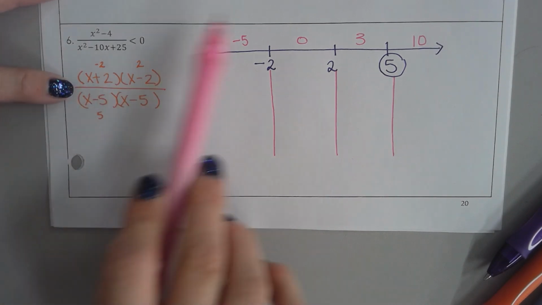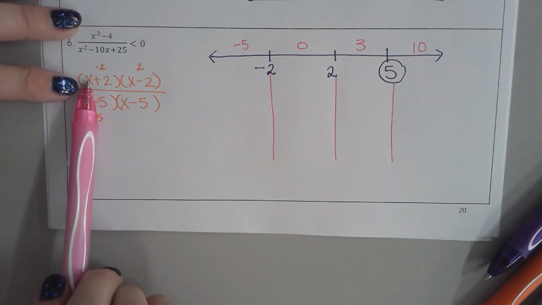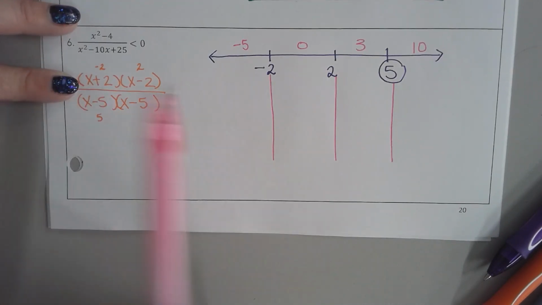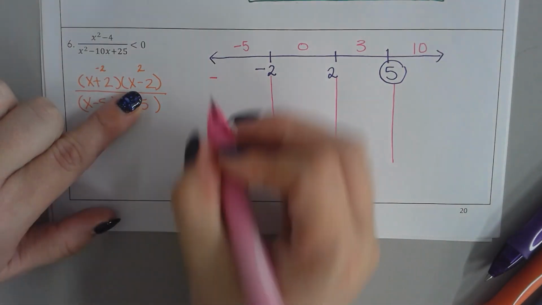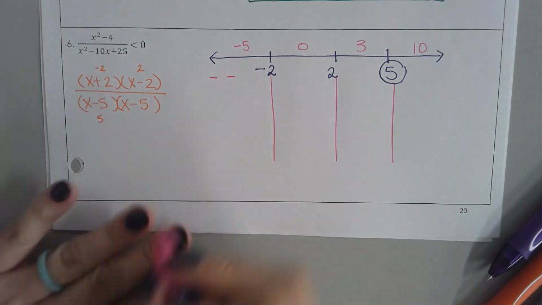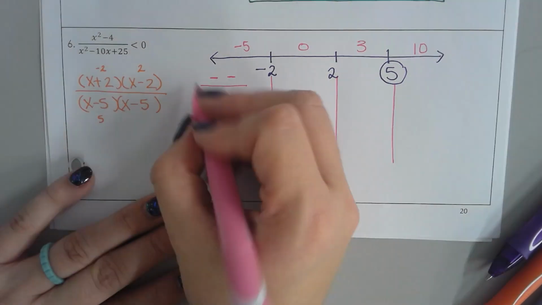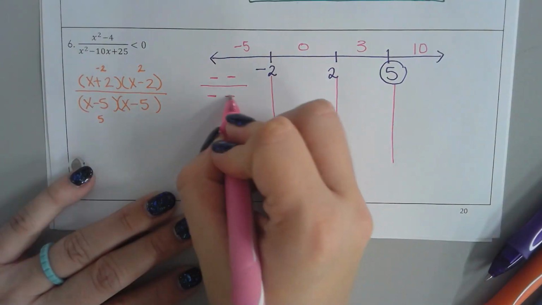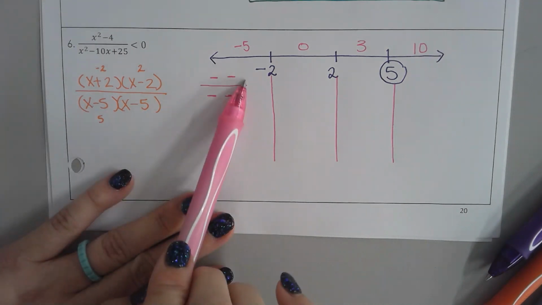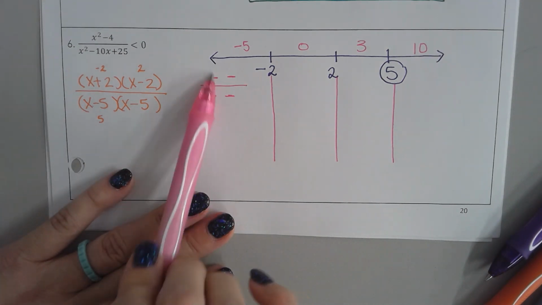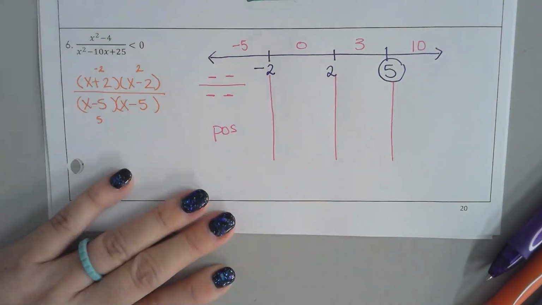You got to plug your test numbers into all 4 of those. -5 plus 2 is negative. -5 minus 2 would be a negative number. -5 minus 5 would be negative. And negative again. So this would be a positive over a positive, which is positive.